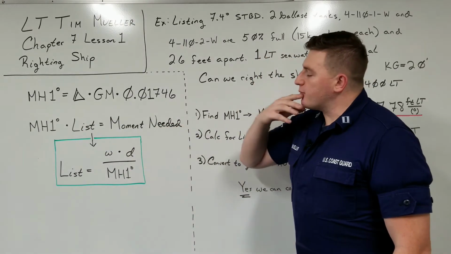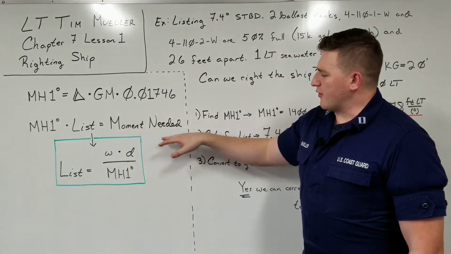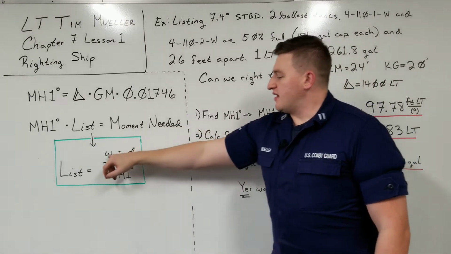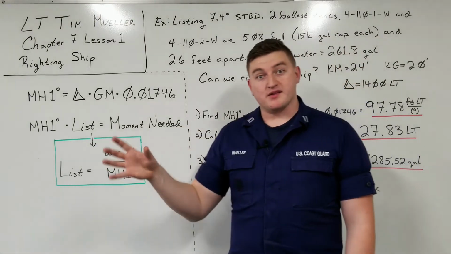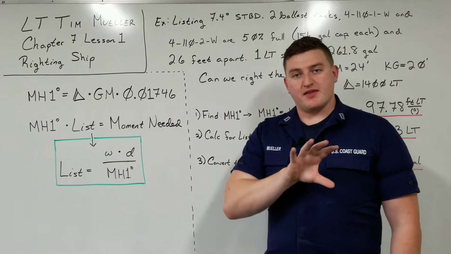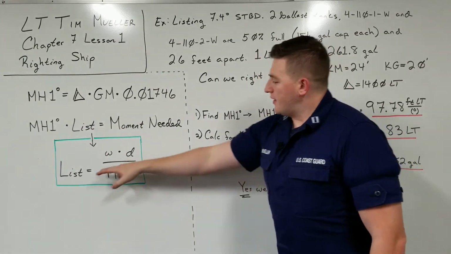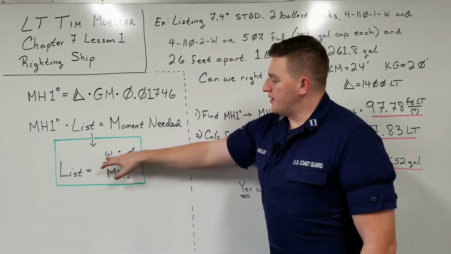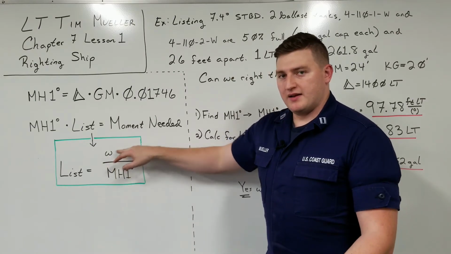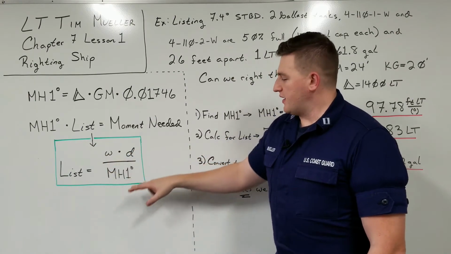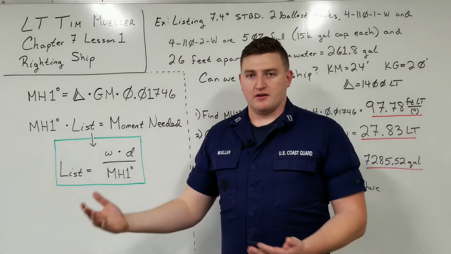If we rework this, our moment needed we rewrite as W times D, W being some weight that we shift, D being that horizontal movement. The list equals W, the weight that we shift, times D, the distance that we shifted, divided by MH1, which is our moment to heel 1 degree.